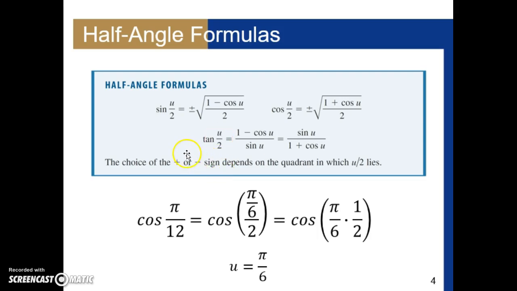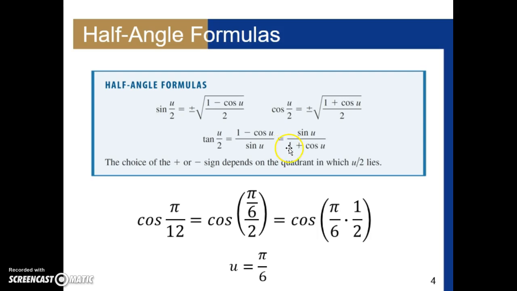Tangent of u, as always, or tangent of u over 2, is the sine value over the cosine value. And so it's 1 minus the cosine of u over the sine of u. Some trig substitution has taken place here. You can see the square root is gone, but some trig substitution has taken place, and so just make sure that this is in your notes.